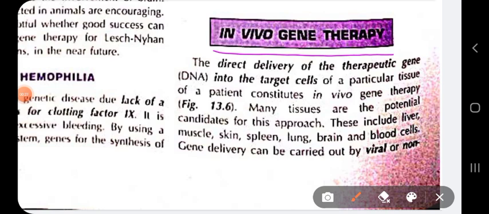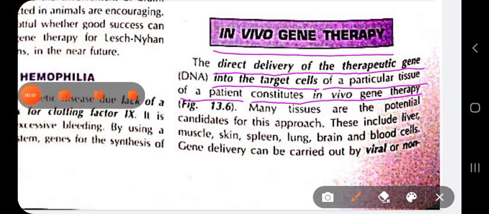In vivo gene therapy is the direct delivery of your therapeutic gene into the target cells of a particular tissue of a patient. So in vivo gene therapy, we are delivering the therapeutic gene into the target cells of a particular tissue.